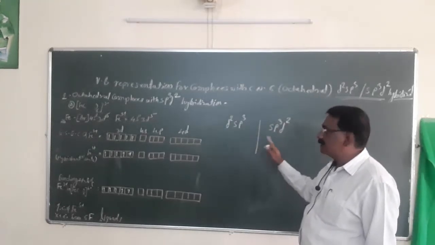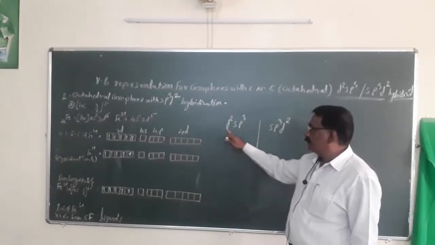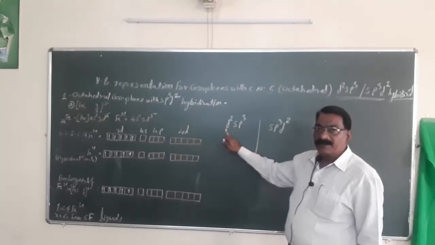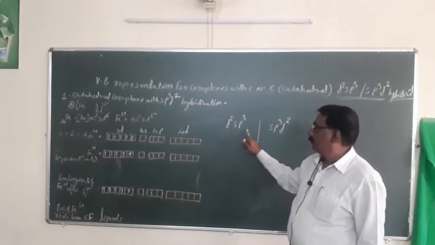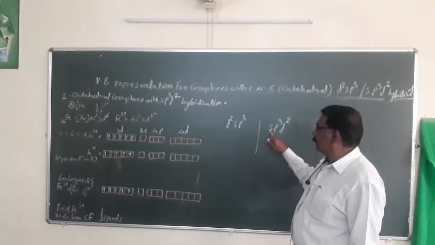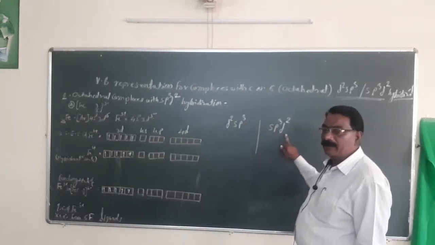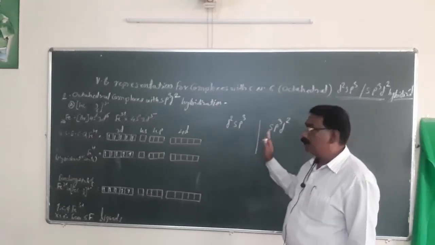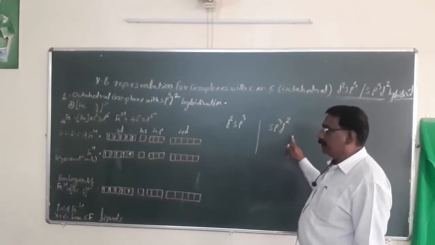What is the difference between d2sp3 and sp3d2? See, d2sp3 means it uses the 3d orbital, 4s orbital and 4p orbital. When we see sp3d2, it indicates that there is the 4s orbital, 4p orbital and 4d orbital. So when it uses the inner d orbital, it is d2sp3. When it uses the 4d orbital for the hybridization, it is sp3d2 hybridization.